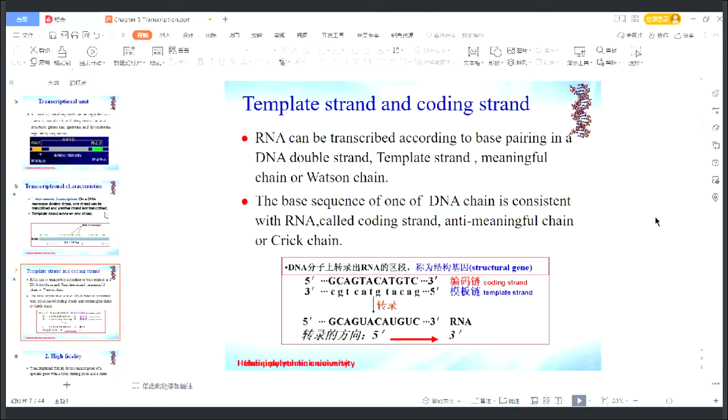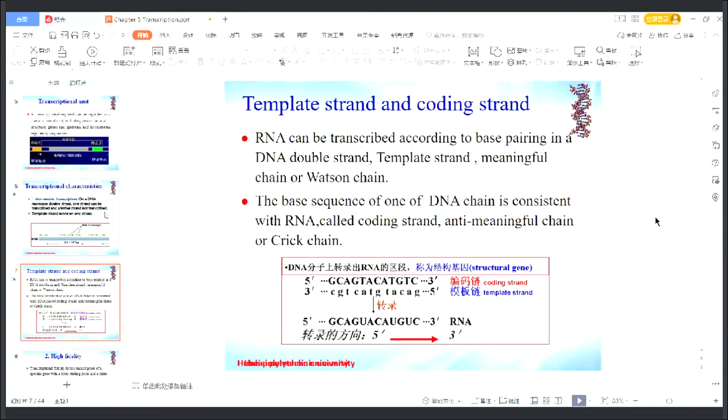Here, down this PPT, you can see a figure. This is a short sequence, G C A G T A C A T G T C. It is transcribed and produces the RNA, GCAGUA.